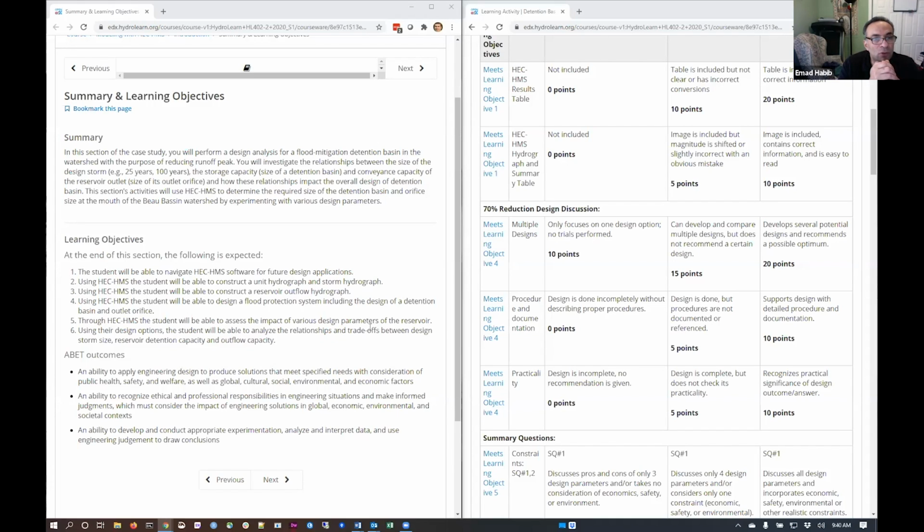Actually, in the first 1 or 2 sections in Hydrolearn, the students were frustrated because they didn't see that, okay, I did this, and now you're grading me, and the grade is too harsh or not consistent with what I was supposed to do.